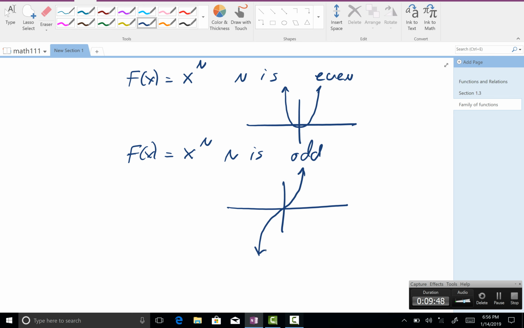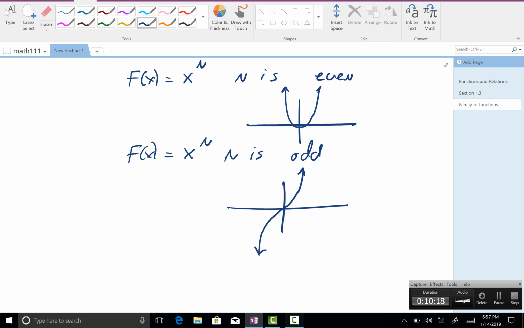Here it says n is even, and then the graph shape, and then the odd end is like this, so this is how we can tell the difference? That's how you would tell the difference if you were just given a graph. But you wouldn't know whether it was a 4, 6, or 8 on the power. But you know it's not odd.